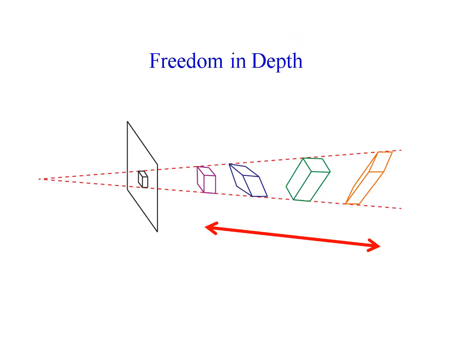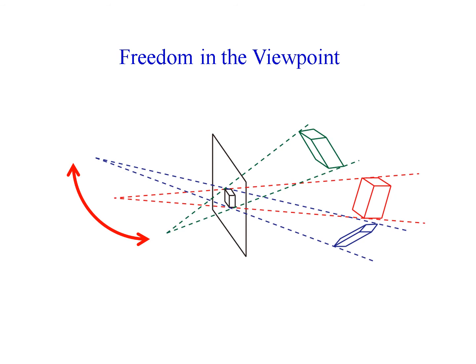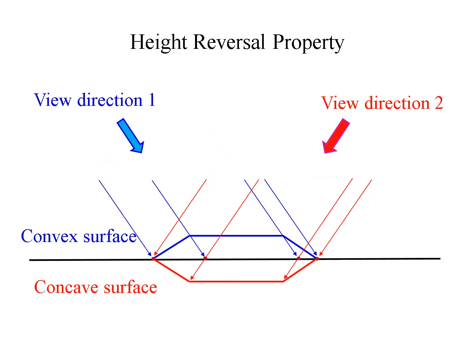Until now, we made use of the freedom in depth in creating impossible objects. Next, we consider the other freedom, the freedom in choosing the viewpoint. First, we choose two viewpoints at infinity.